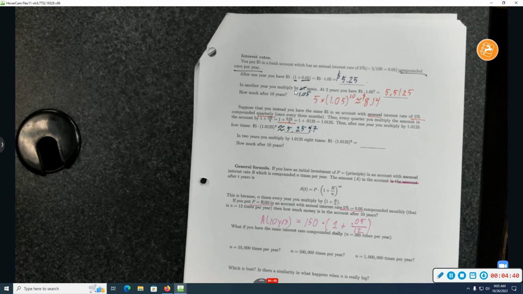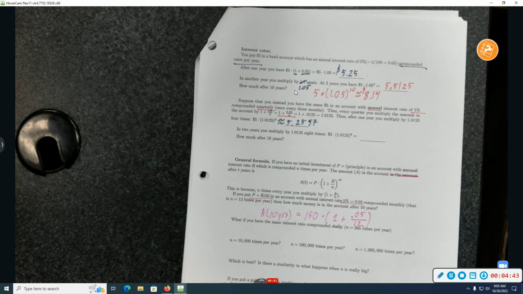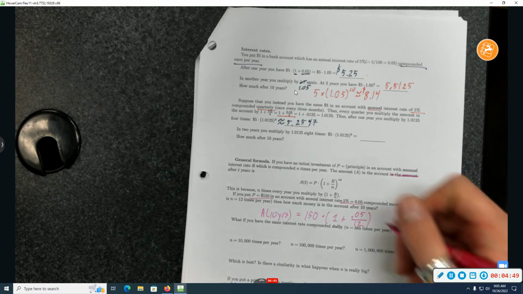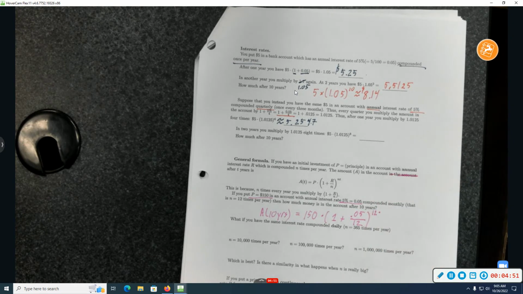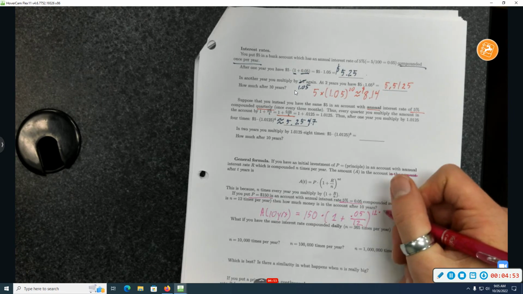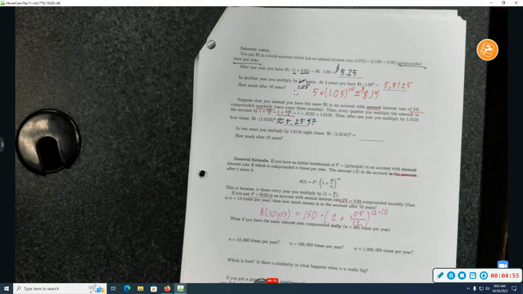And now I raise it to n times t. What's n times t in this problem? 12 times 10, which is 120. Oh, neato. That's definitely not something that I would want to compute directly by hand. Raising something to the 120th power by hand is hard.